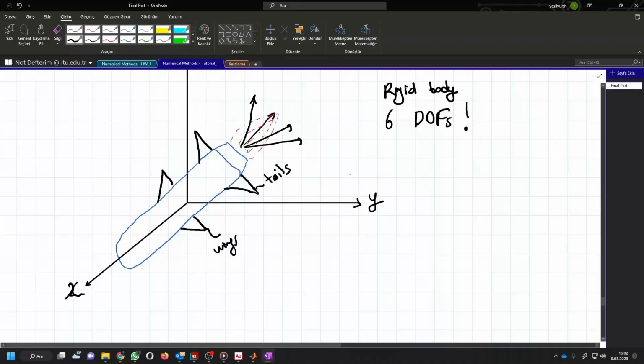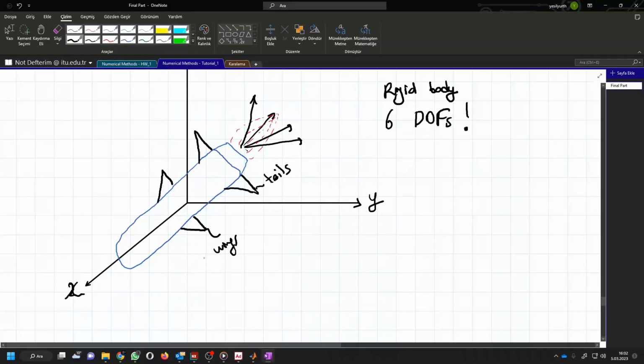So they are being used to alter the aerodynamic forces and moments on the missile. So we are making use of these forces and moments to guide our missiles to a trajectory or a target.